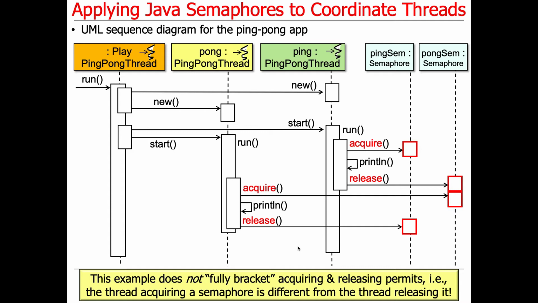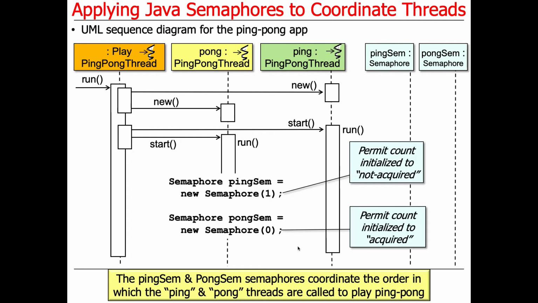The way they differ is that the ping thread acquires the ping semaphore, prints ping 1 or whatever, and then releases the pong semaphore. In contrast, this thread acquires the pong semaphore, prints out pong and the count, and then releases the ping semaphore.